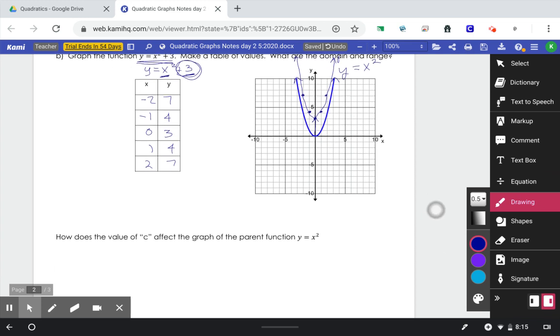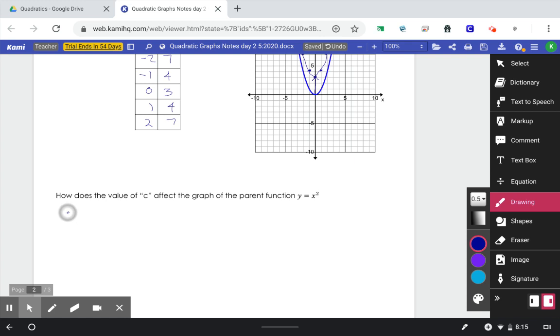Okay? So we could say, if C is greater than 0, you're going to shift up, because it's like adding 1, adding 2, adding 3, adding a positive number. So you're always going to shift up however many units C is, because you have to go to that value on the y-axis. If C is less than 0, so that means it would be like x squared minus 3, you're going to start at a negative y value.